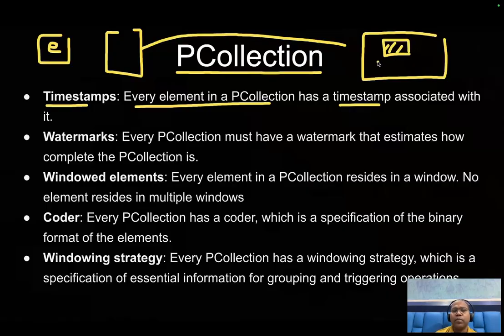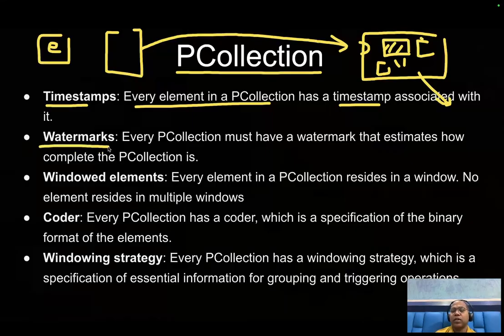So there is the concept of windowing. After, say, 10 elements come, I want to calculate some result and just emit it, pushing the result somewhere, maybe a database or some other application. In those scenarios, there is the concept of a watermark.